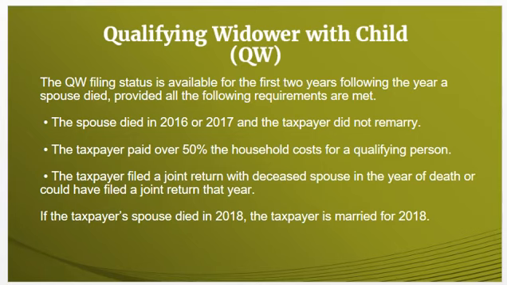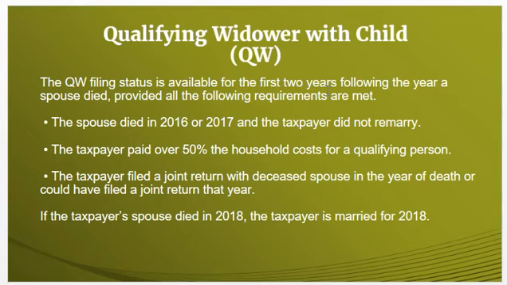Now, let's say that you were married and your spouse died. We have the qualifying widow or widower filing status, and that qualifying widow must have a child. The qualifying widower status is available for 2 years, the first 2 years following the year the spouse died.